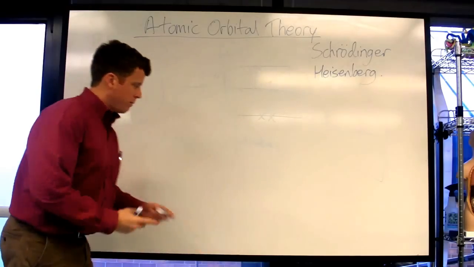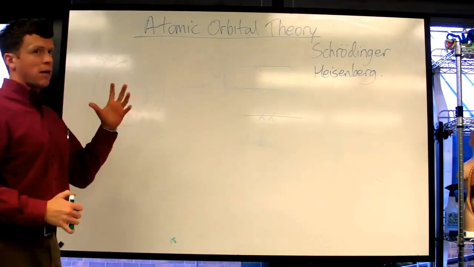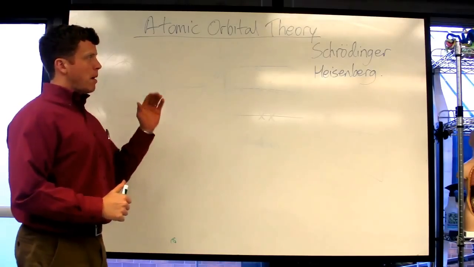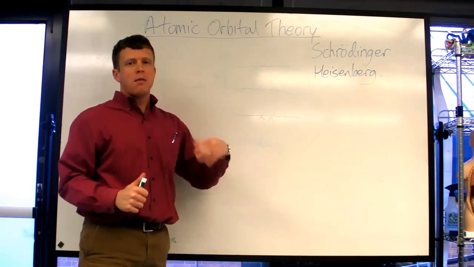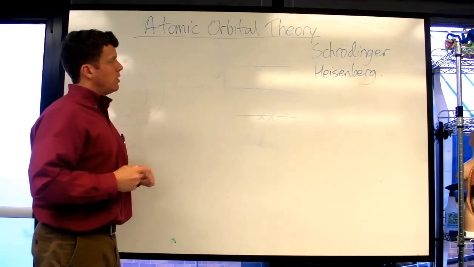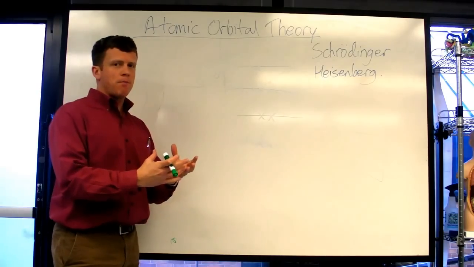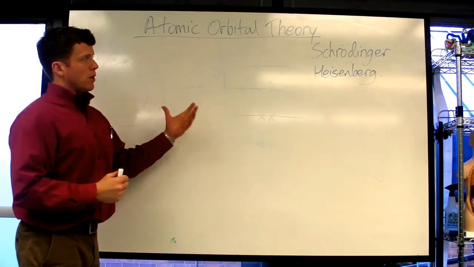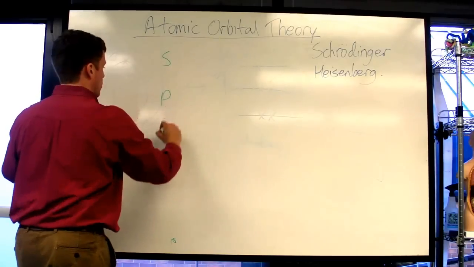A lot of work has gone into understanding the shapes of the orbitals, and mainly it's due to Schrödinger and his mathematics that has developed this theory. Again, we're not going to get into that, but we do know the shapes of the orbitals now, and that's where we're going to pick up 3 main orbital types that we're going to look at.